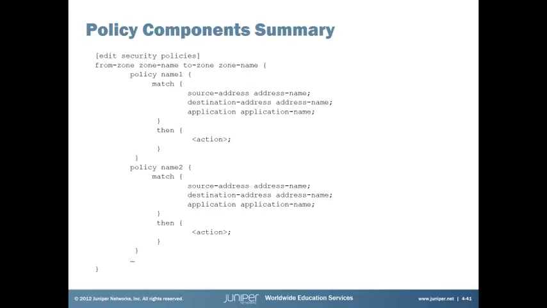Policies are evaluated in order, the order in which they are written. So, for example, if you had a policy with a source address, destination address, and the application being FTP, and I want to deny that application, you would need to put that first, before a policy that had the same source address, the same destination address, and an action which said permit all.